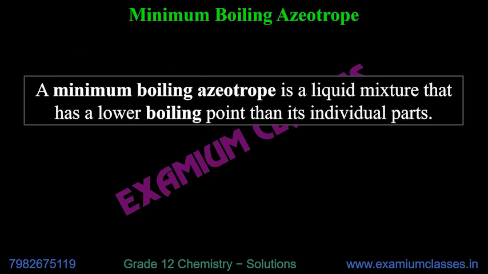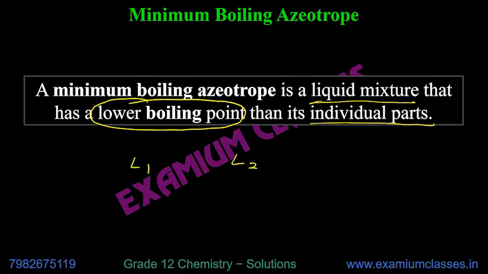So minimum boiling azeotropes. A minimum boiling azeotrope is a liquid mixture that has a lower boiling point than its individual parts. So if I have L1 and L2, say the boiling point here is 60 degrees Celsius and the boiling point here is 70 degrees Celsius. When I mix, the mixture has 50 degrees Celsius.